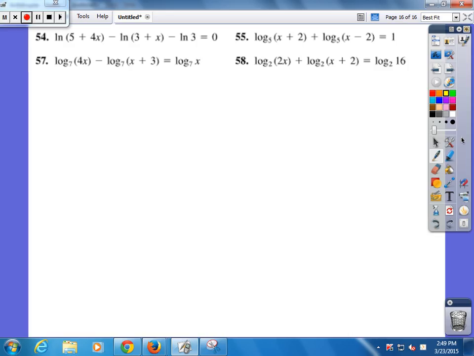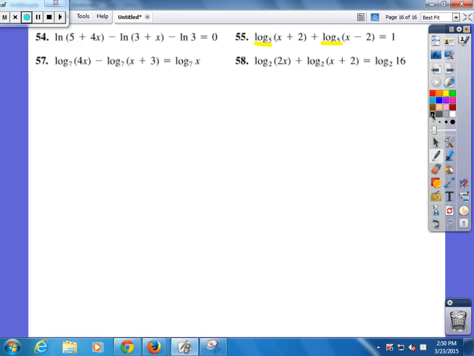All right, the first one, I forgot which one I said, I guess 55. First thing you notice is that these two are the same base.